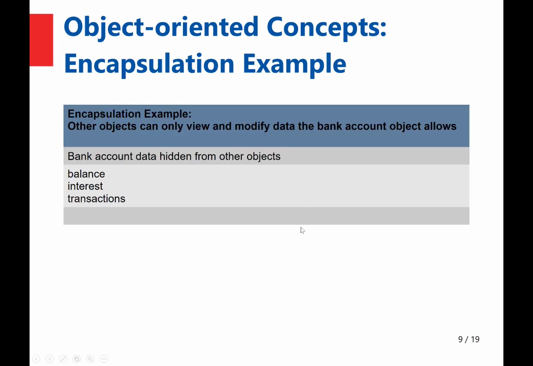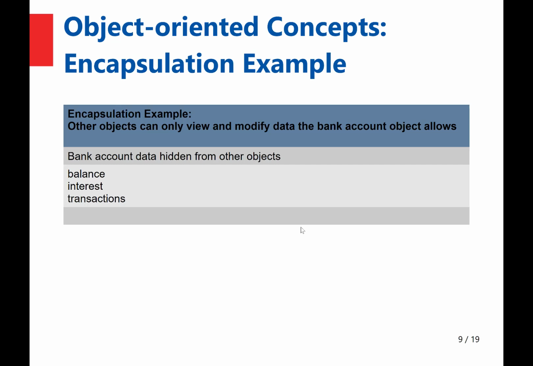So encapsulation, we have the bank account example. Maybe member variables that belong to this bank account object are balance, interest, and a list of transactions that have occurred to that bank account. Other objects can only view and modify data the bank account object allows.